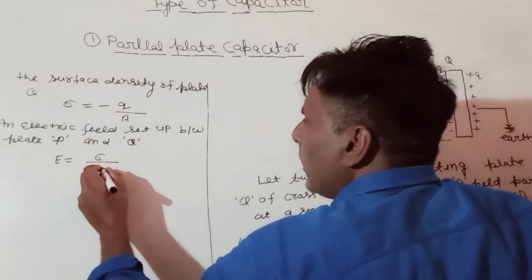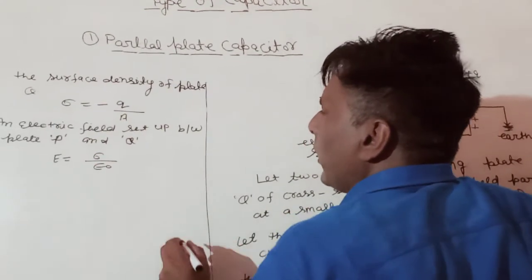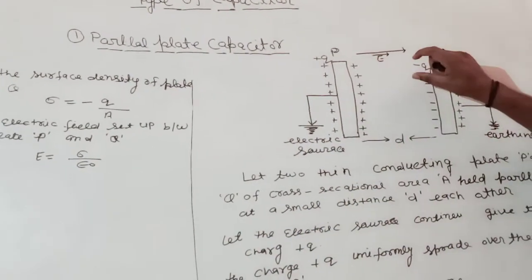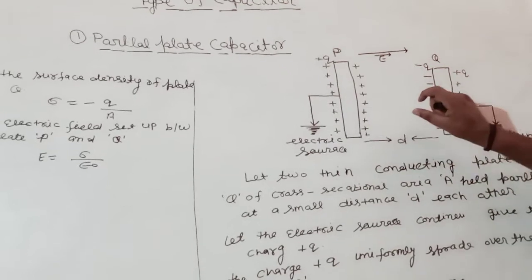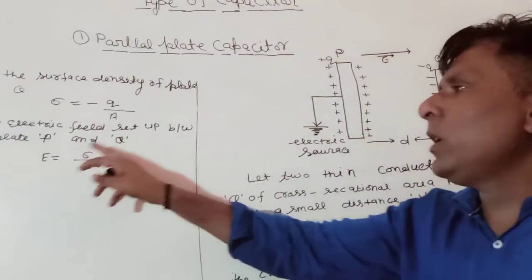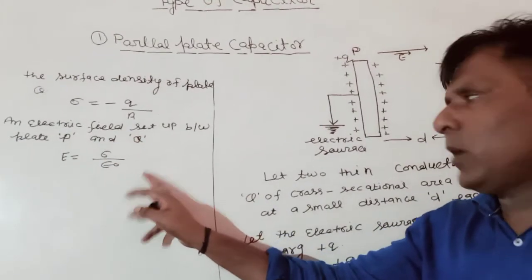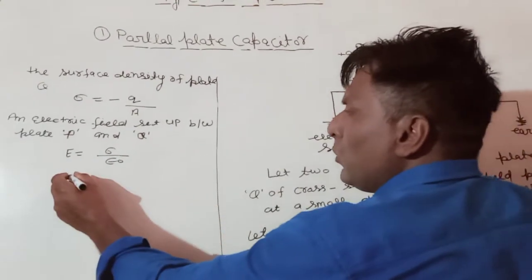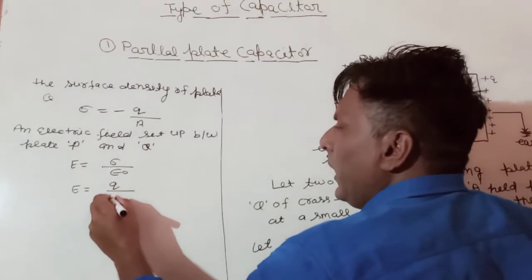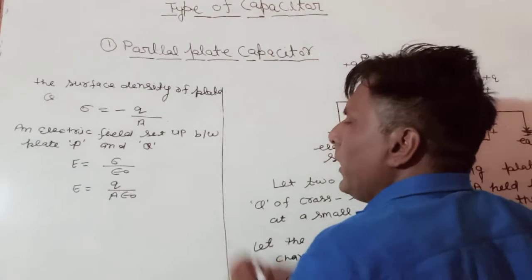We know the electric field due to a uniformly charged plate: E is equal to small sigma upon epsilon naught, or E is equal to Q by A into epsilon naught.